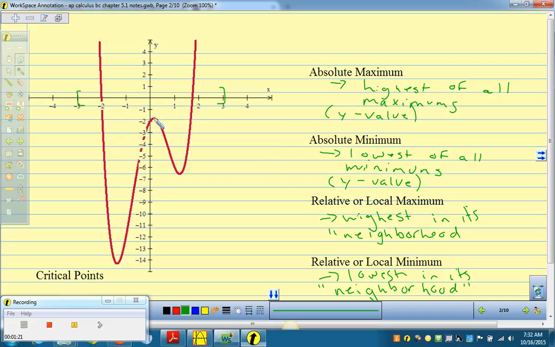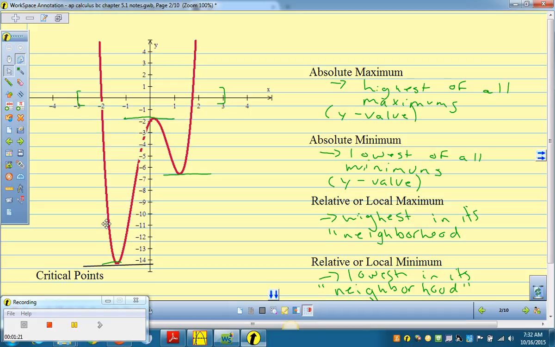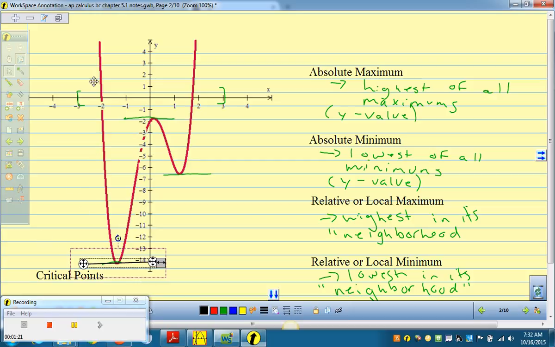So if I draw in the tangent line here, it's horizontal, tangent line here is horizontal, tangent line here is horizontal. Okay, so then we could say at maxes and mins, the derivative should equal what?